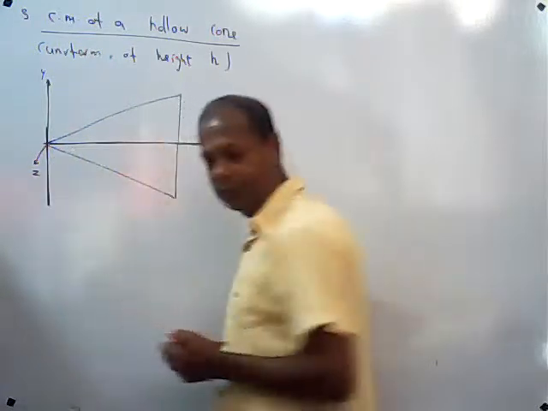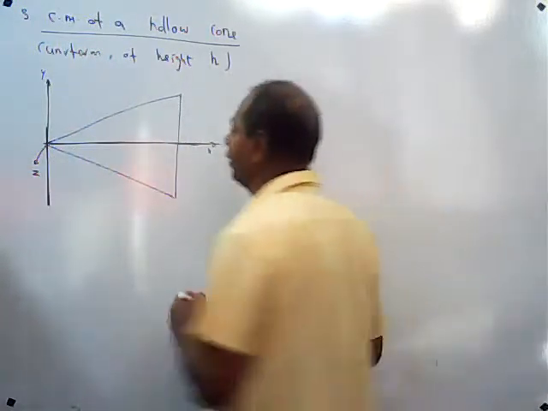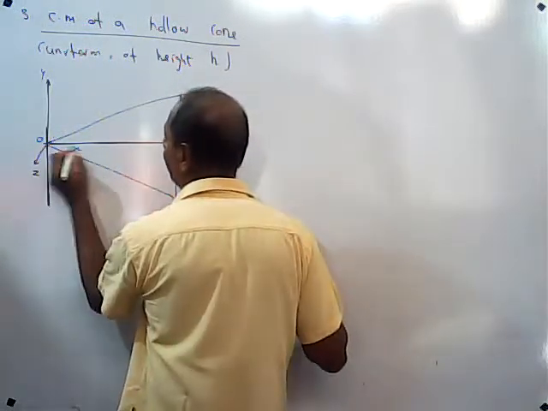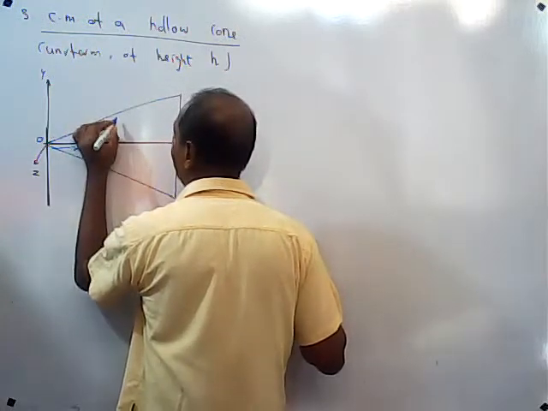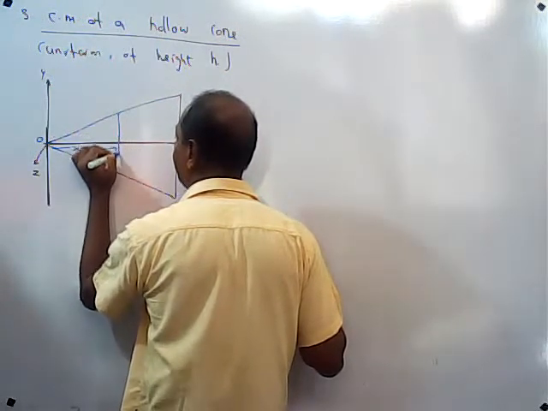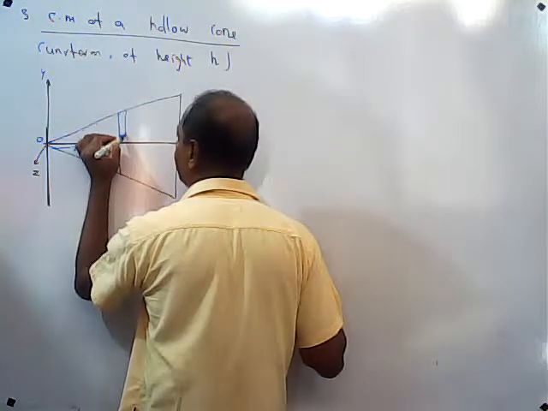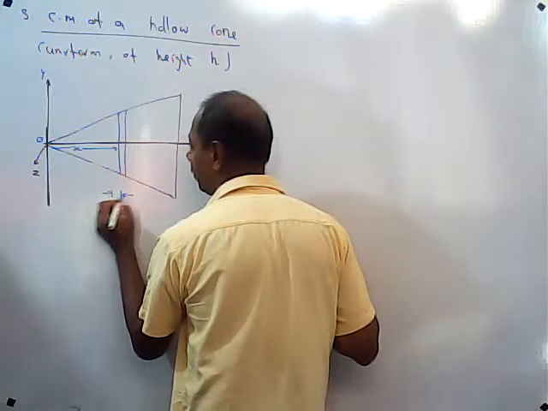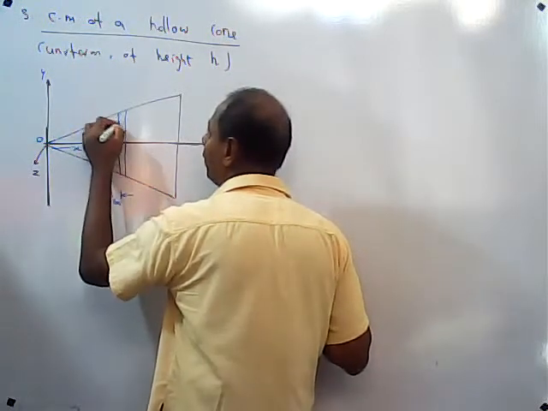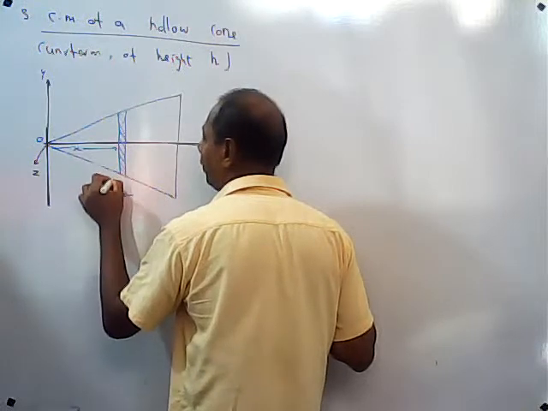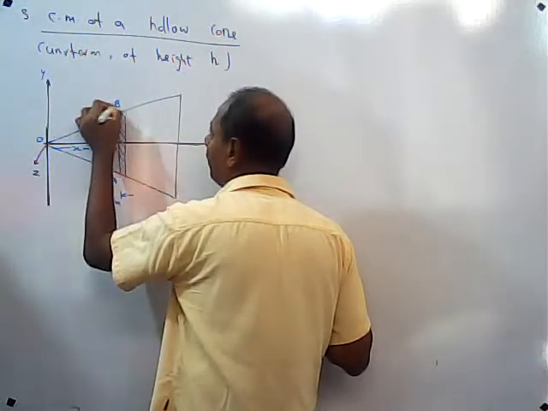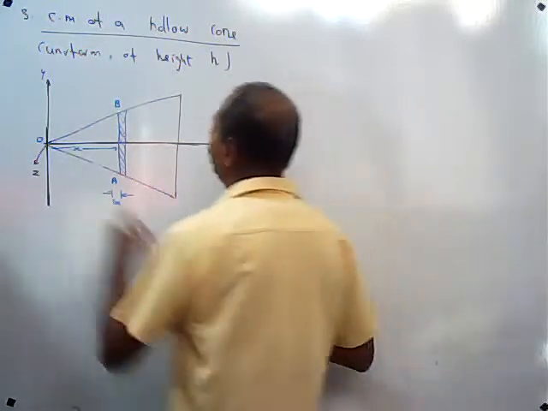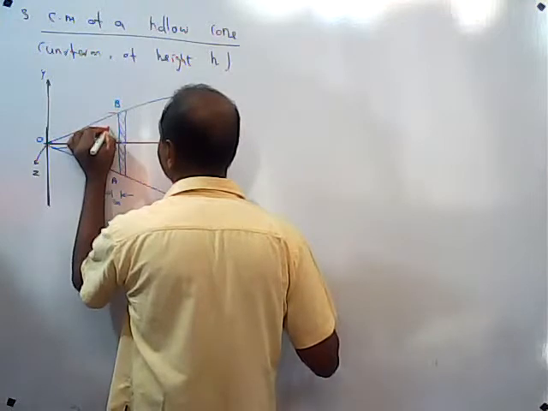At a distance x from O, consider a ring of breadth delta x. Assume some height, say y.